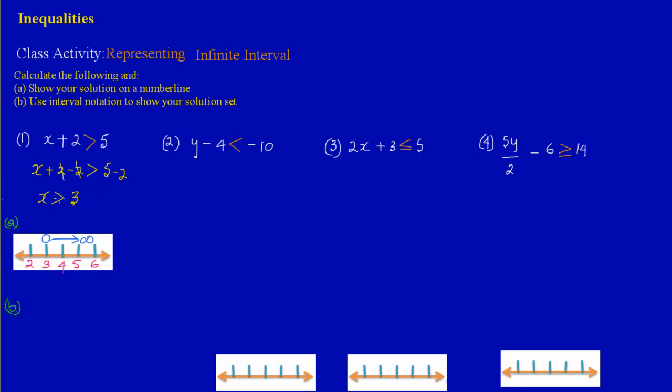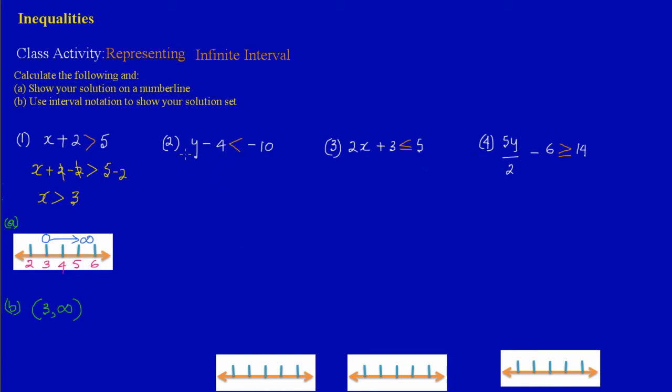Since it's saying x is greater than 3, it's clear on the number line that x is taking all the values above 3. So I must use my parenthesis, and then I'm going to put my 3, comma, and then I'm going to put my infinity sign, and I'm going to close by using my parenthesis again, because I will never touch infinity. Once I'm using the infinity sign, I must use my parenthesis, and it states that x is greater than 3, so I can't touch 3 also. Hence, I have an open circle.